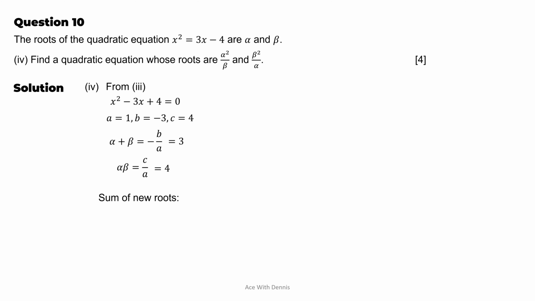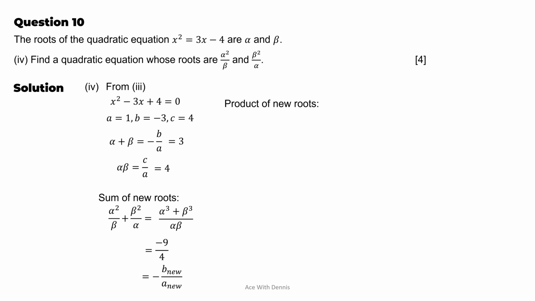Now we want to find the sum of new roots, which is alpha squared over beta plus beta squared over alpha. We can combine these two fractions together, which we get alpha cubed plus beta cubed over alpha beta, and the value is negative 9 over 4, which is negative b new over a new.